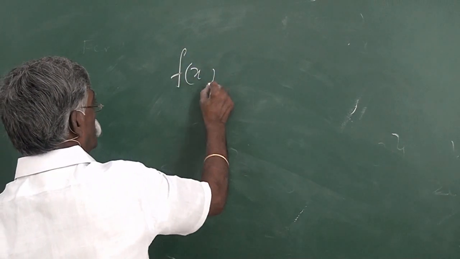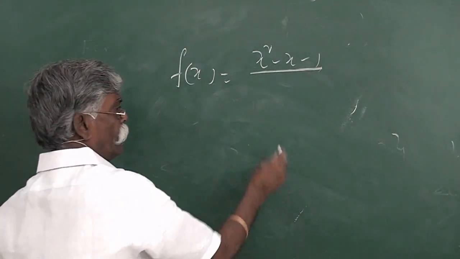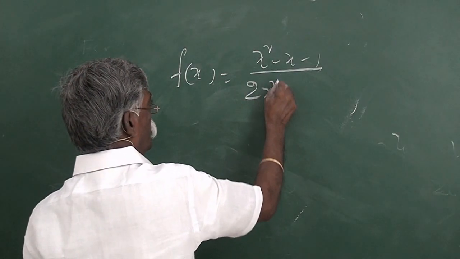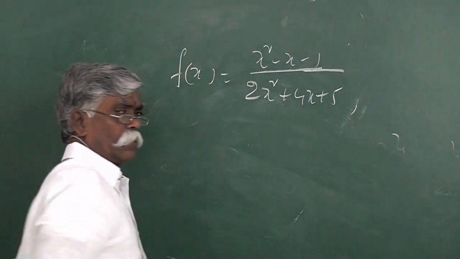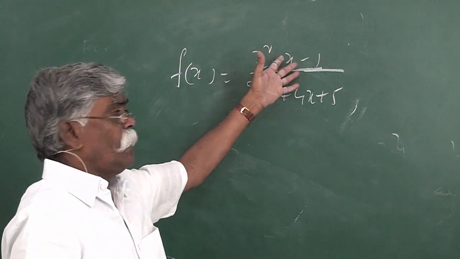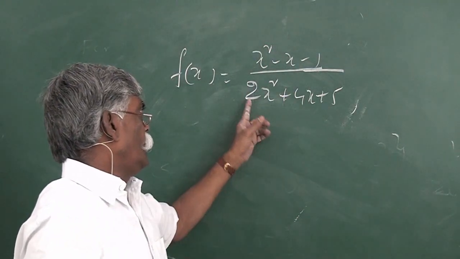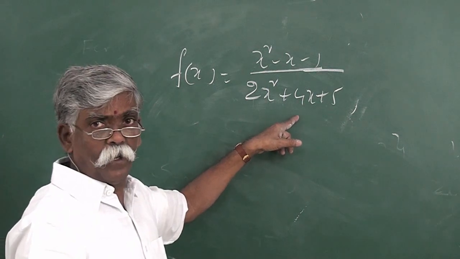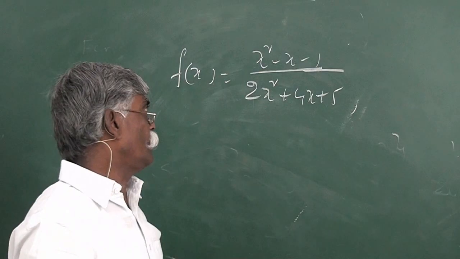Now f of x is equal to (x square minus x minus 1) by (2x square plus 4x plus 5). This is in the form of f x by g x, and x square minus x minus 1 is defined for all real numbers, and 2x square plus 4x plus 5 is not 0 for any real value.